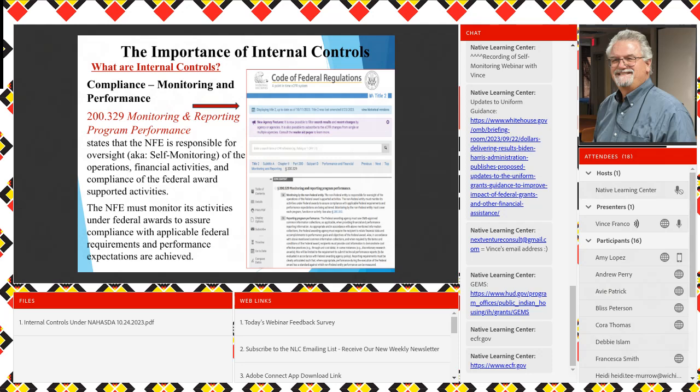So self-monitoring is required. There it is in black, well, in red and black: 2 CFR Part 200.329, monitoring and reporting program performance. This is becoming more and more of an issue. Not just the importance of monitoring, the importance of reporting, but more and more data-driven reporting.